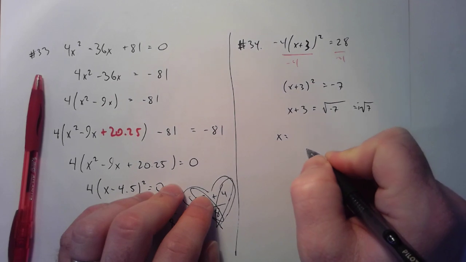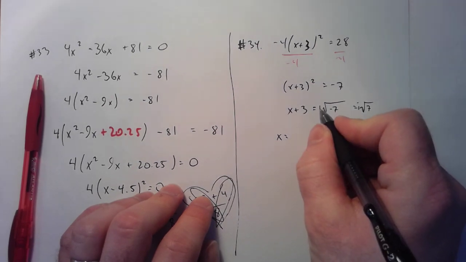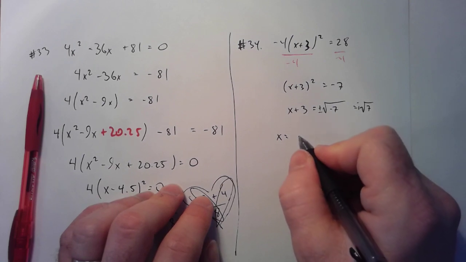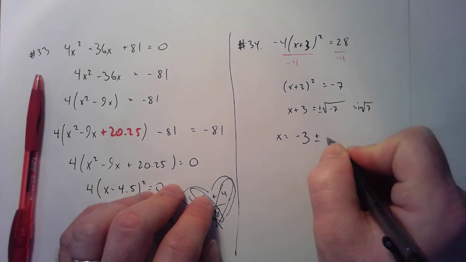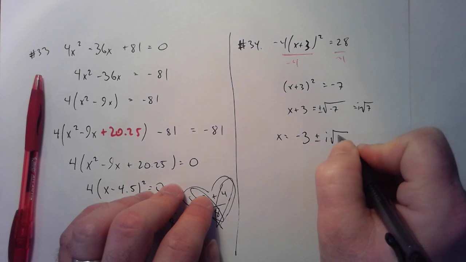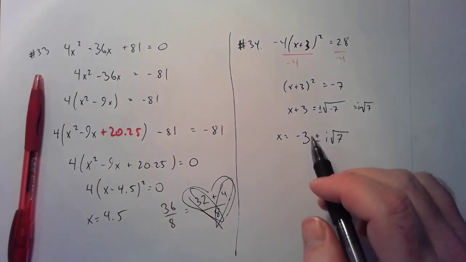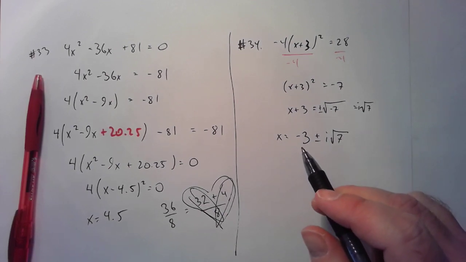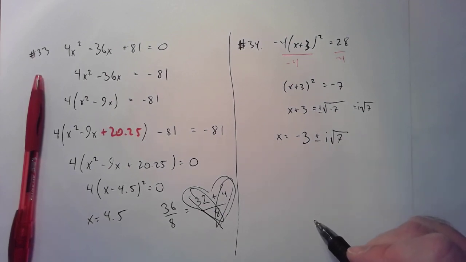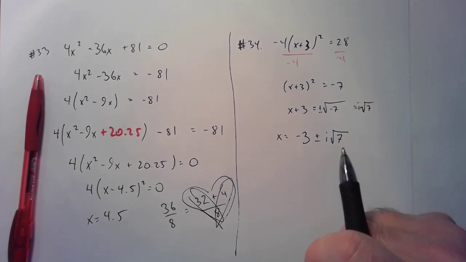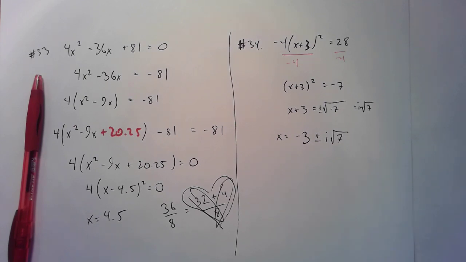X equals the plus or minus square root of negative 7. So we got x equals negative 3 plus or minus i root 7. There's your two answers: negative 3 plus i root 7 and negative 3 minus i root 7. They're complex, irrational answers, but it's Algebra 2.